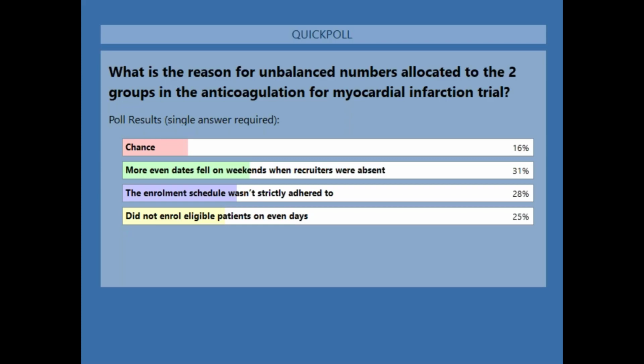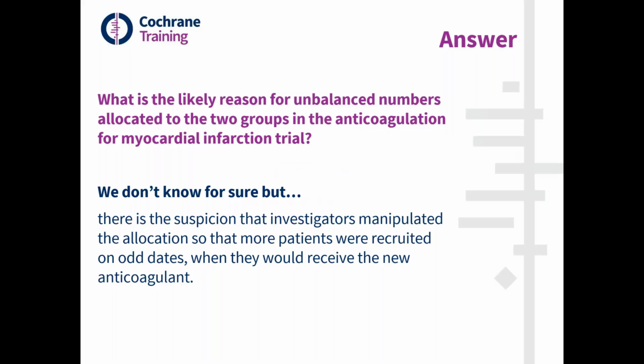But as I said, this is just a judgment, and it's also informed by the fact that in this trial, it's clear that an inadequate method of allocation was used. This odd versus even dates is definitely a deducible allocation sequence. So I would be concerned in this case.